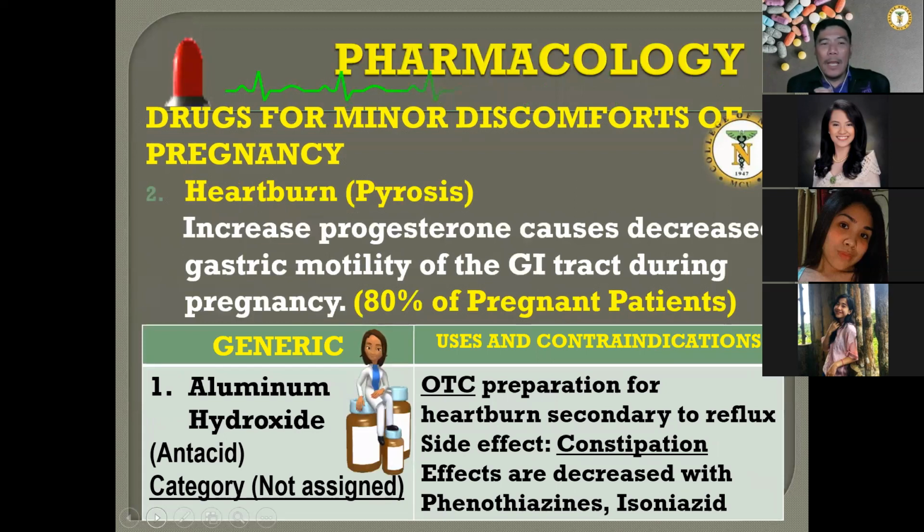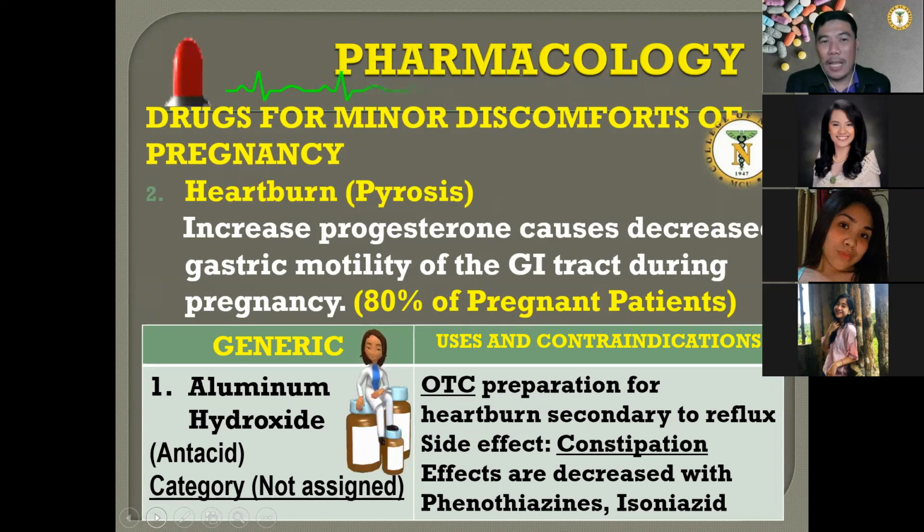Heartburn. Ayan. You know that almost 80% of pregnant patients are experiencing heartburn, or what we call pyrosis. Now, the problem with heartburn is hormonal, because the increase in the progesterone causes decreased gastric motility.